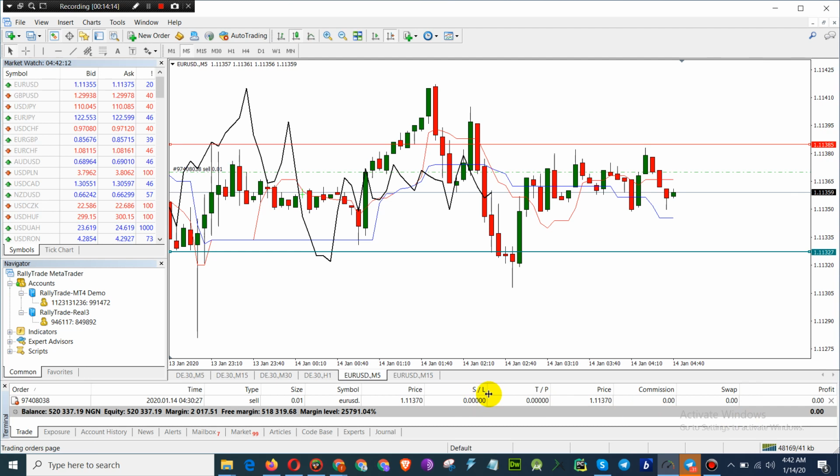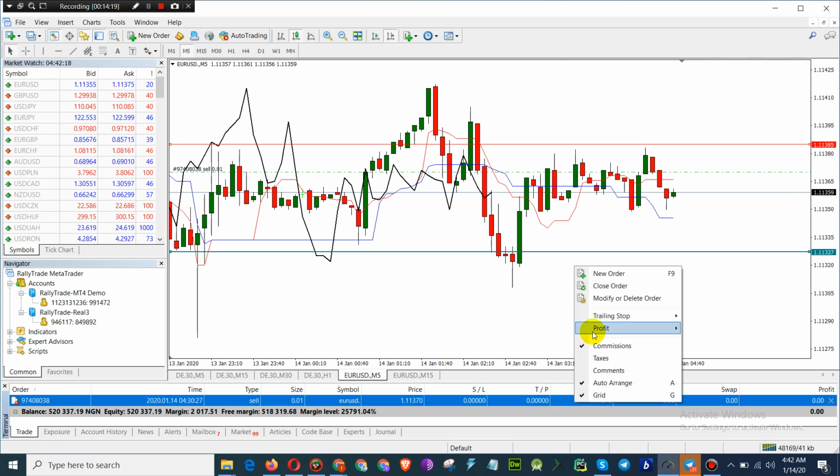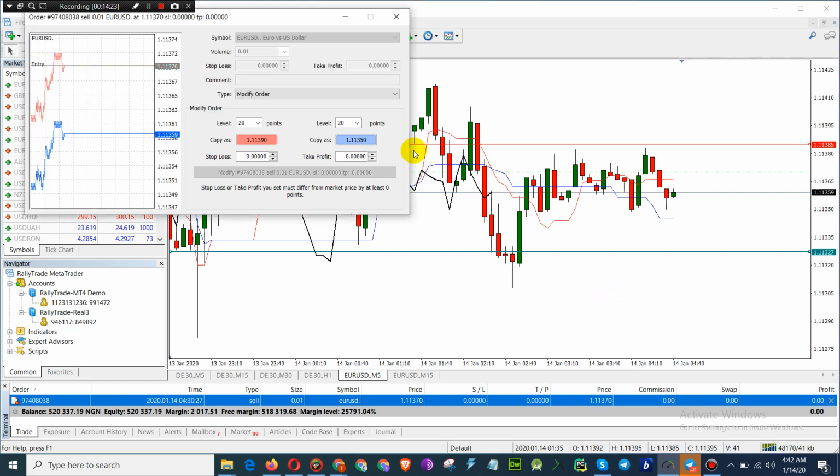Let's just come to your trade. This is your trade. You can right click on it and click modify or delete. You can see the price is there. Modify order.